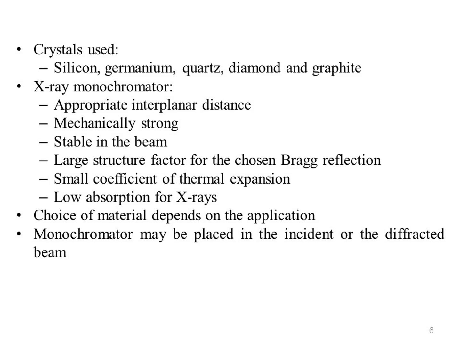For any material used as an X-ray monochromator, the following properties are desirable: it forms large good quality crystals with an appropriate interplanar distance, is mechanically strong and reasonably easy to cut, stable in the beam, has a large structure factor for the chosen Bragg reflection, a small coefficient of thermal expansion, and low absorption for X-rays.